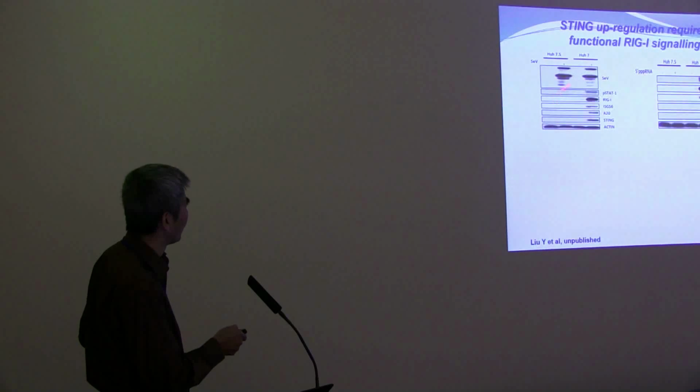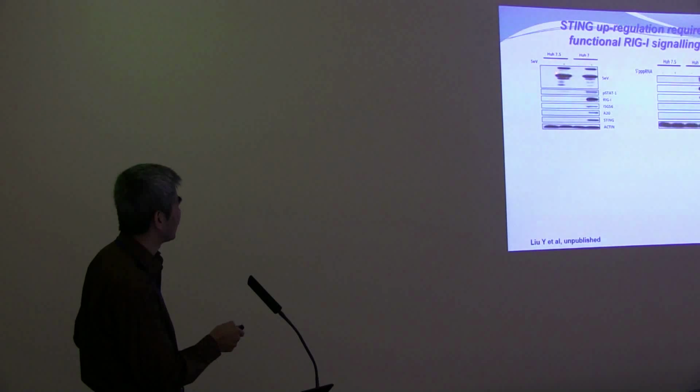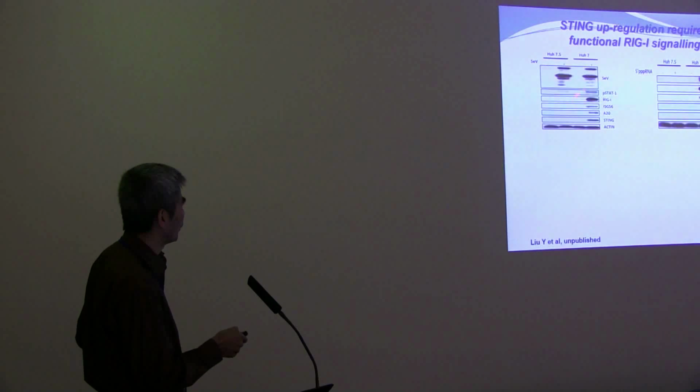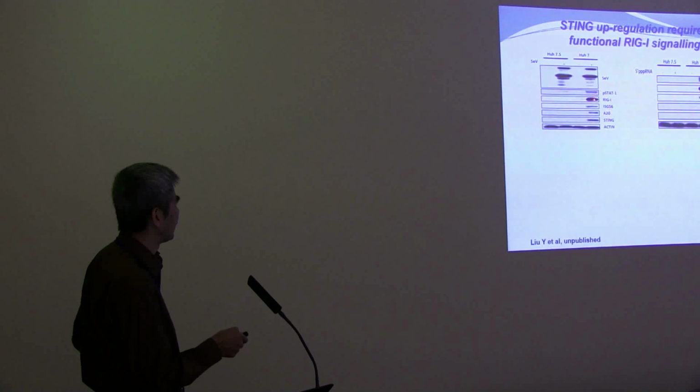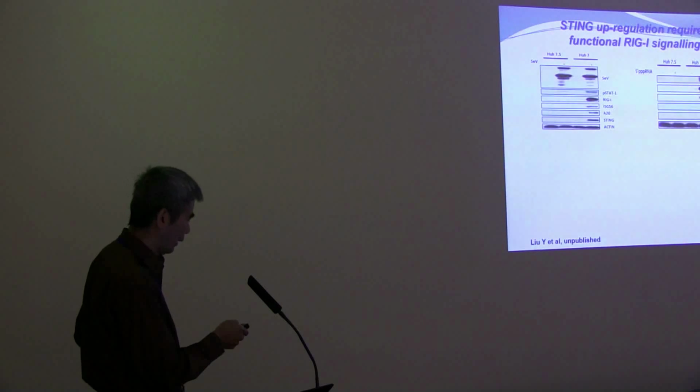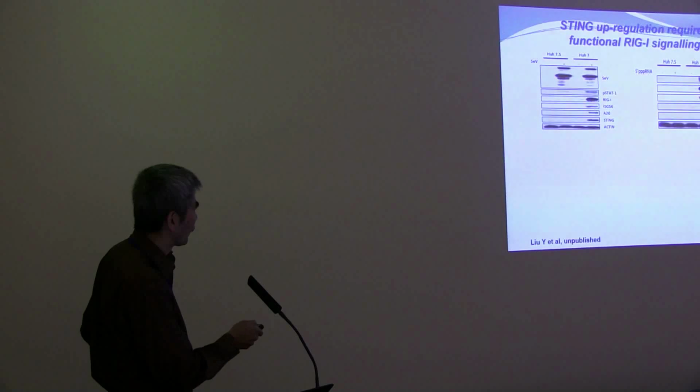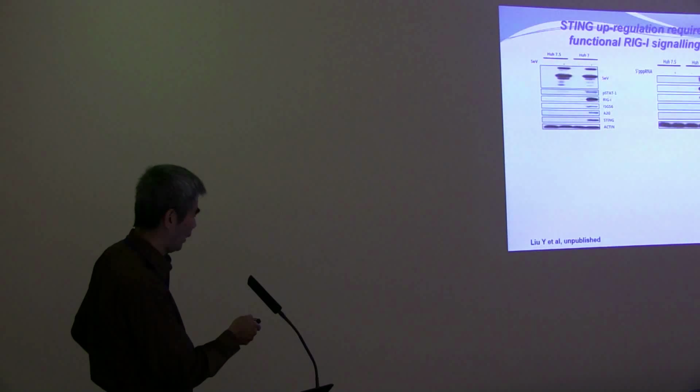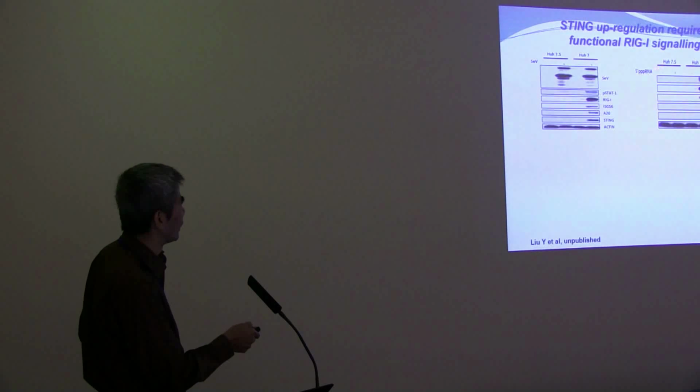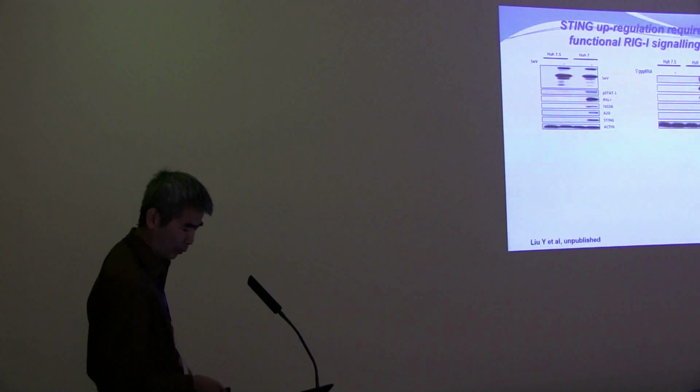And we can see here in the RIG-I deficient cell, Sendai virus infection did not trigger the IRF3 gene expression and also did not induce STING expression. And we tried 5' ppp RNA, and similarly, 5' ppp RNA can induce STING expression in Huh7, but not in Huh7.5 cell.